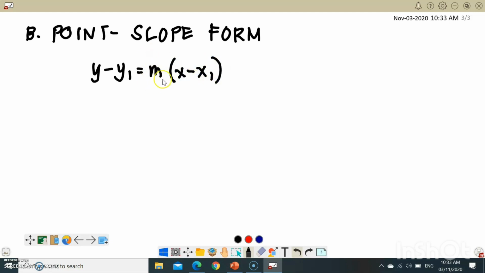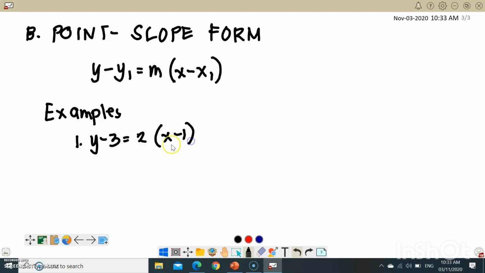Of course, your m here is the slope. Here are examples of linear equations in two variables written in point-slope form. y minus 3 is equal to 2 multiplied by x minus 1. We also have y minus 4 is equal to 1/2 multiplied by x plus 2.